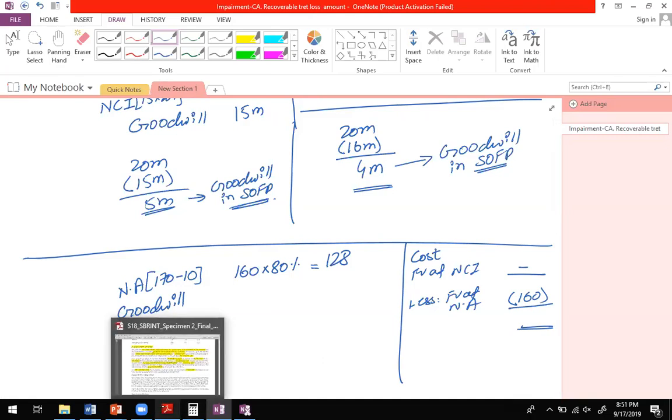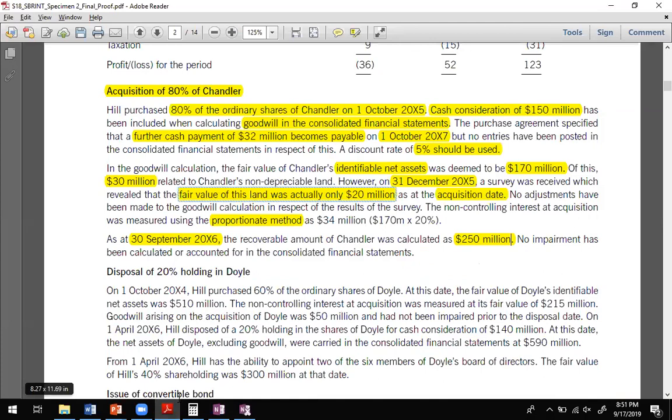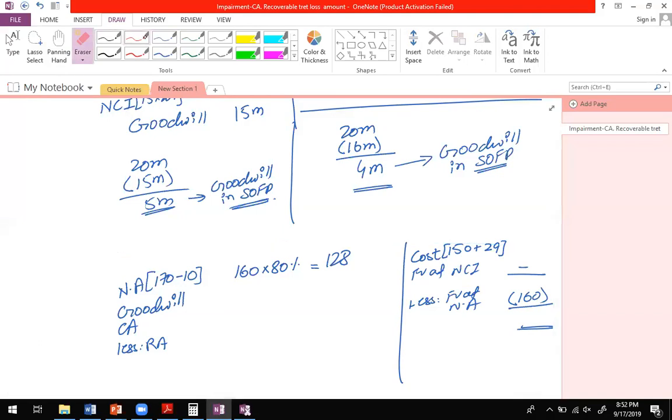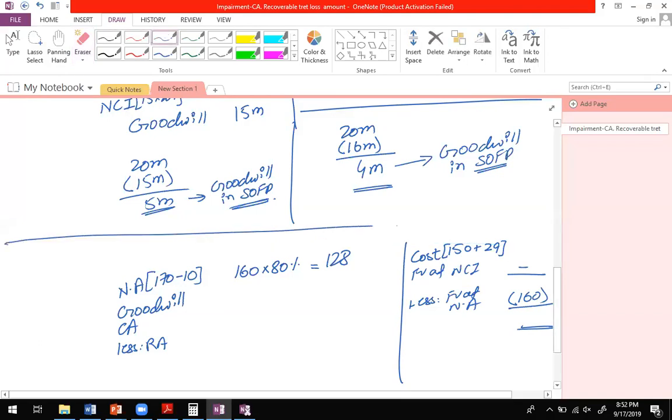If I go back to the question, the cost was a cash of 150 and a deferred consideration of 32. So we are going to say cost of 150 plus the present value of deferred consideration that we had calculated was 29.